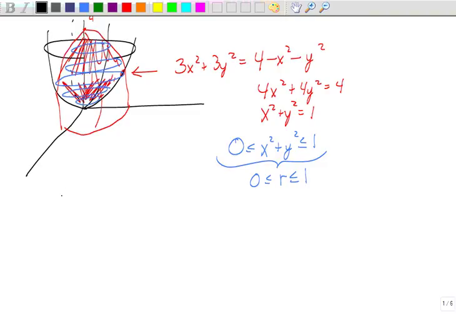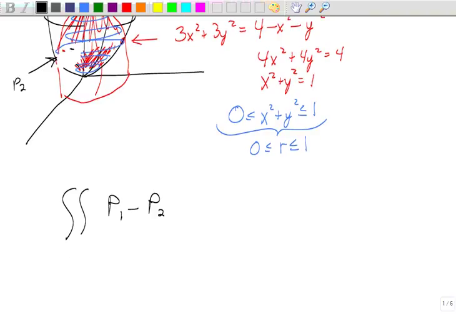I'm going to take this upside down region, let me call it paraboloid 1, let me use a P. The red one is P1, upside down, and the black one is P2. So I'm going to do P1 minus P2 to get that egg shape.